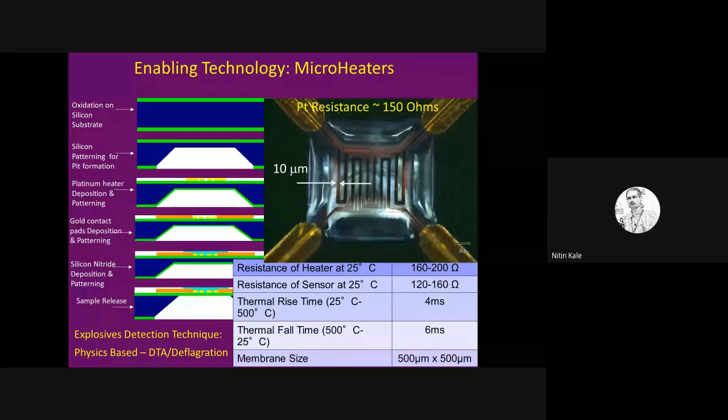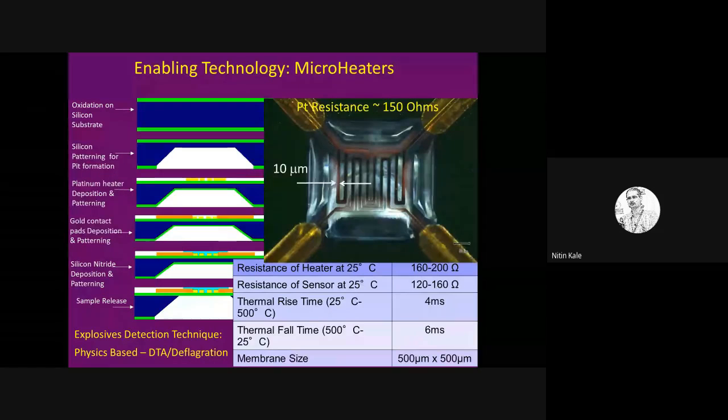The other platinum coil is used as a temperature sensor, so you don't apply a voltage. You force a small constant current through it, about half a milliampere or maybe 1 milliampere. And as the temperature of the membrane increases because of the heating coil, this temperature sensor's resistance is going to change, because of the TCR of the platinum material.